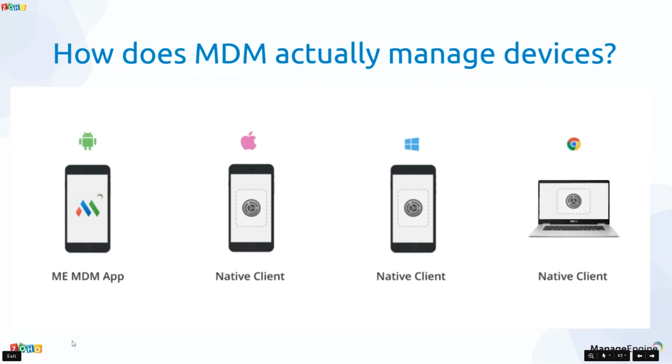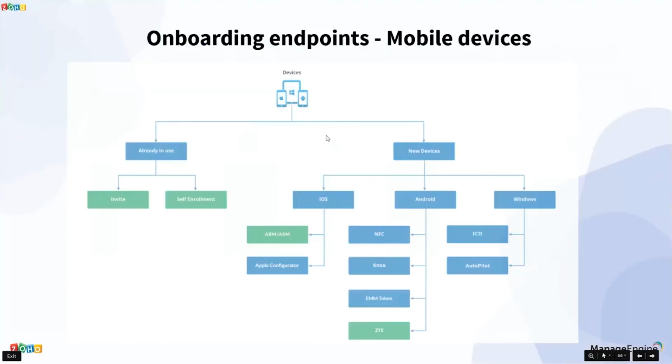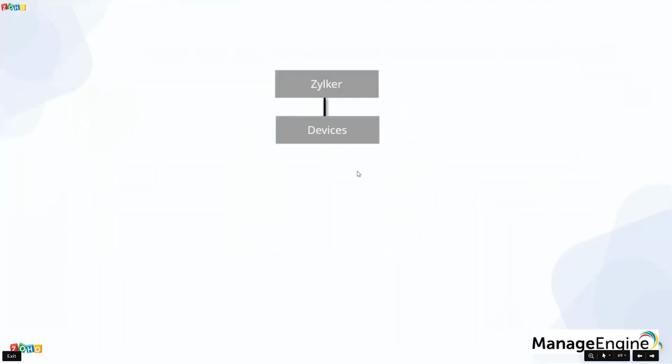Now let me show you the different ways through which you can install this MDM app or profile on Android and Apple devices, and we can segregate that into two sections. When it comes to onboarding devices, every admin will face a situation where management gives them devices that might already be in use.